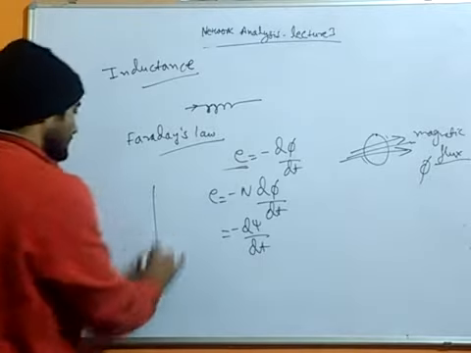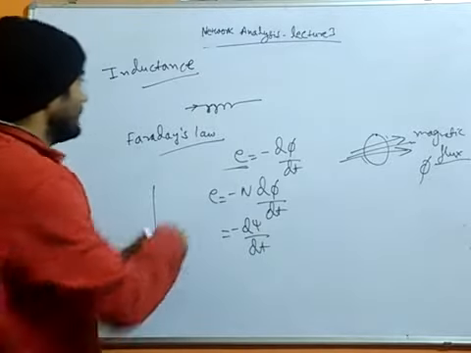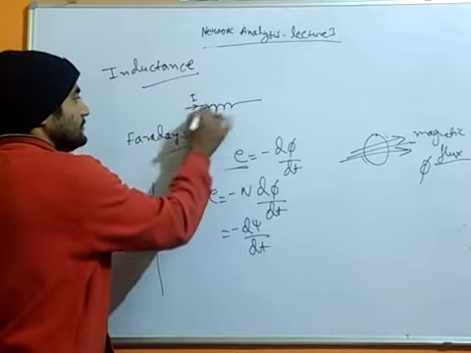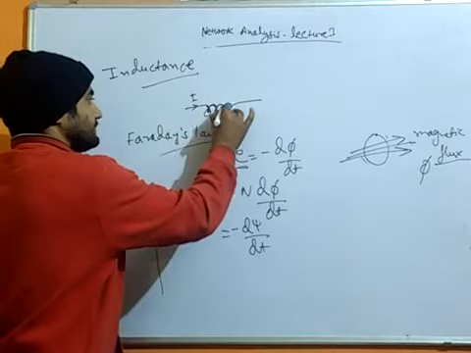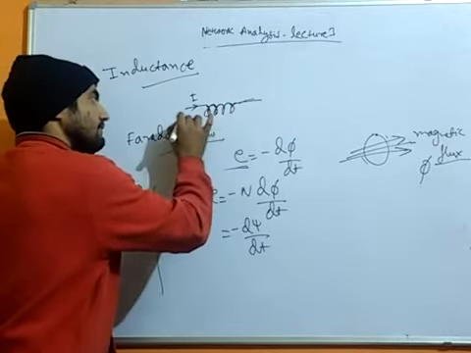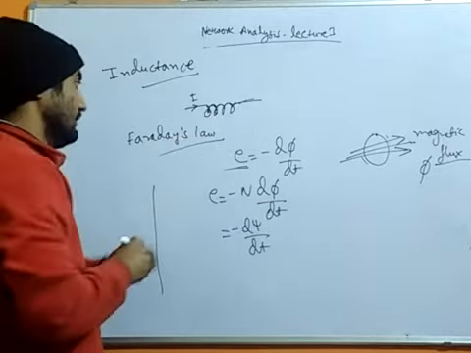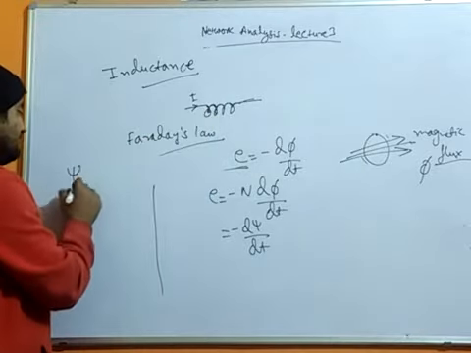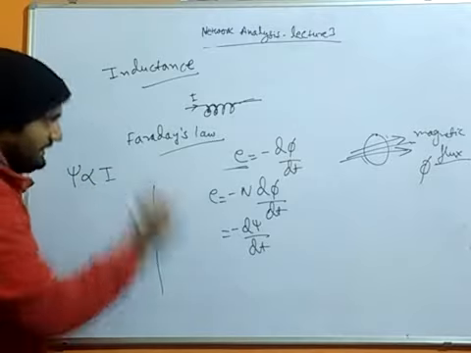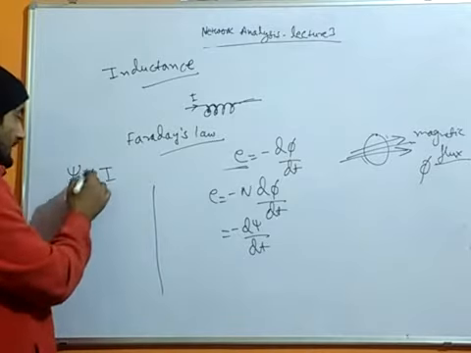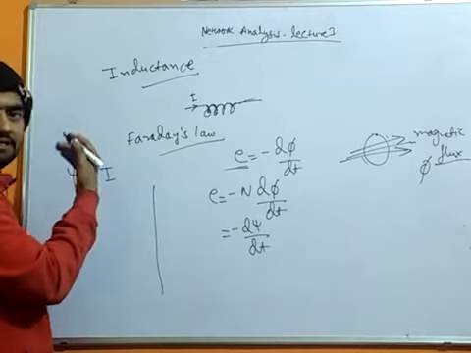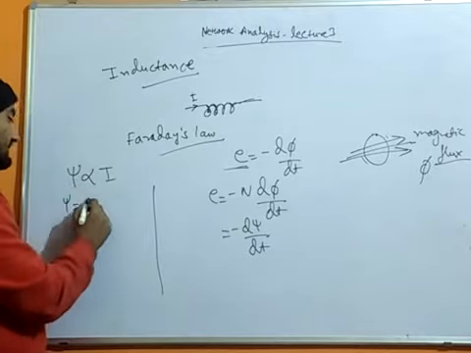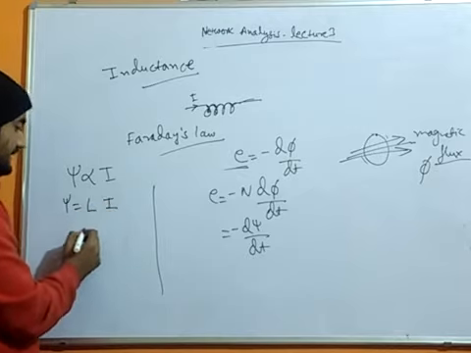Now come to the point that for any current passing through the coil, the total flux developed through the coil will be proportional to this I, meaning psi will be proportional to this I. We take a proportionality constant, and that constant is nothing but inductance.